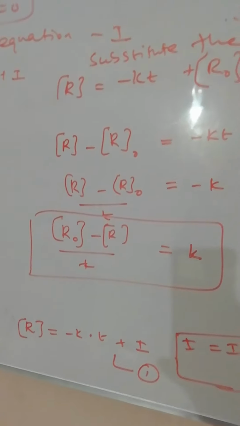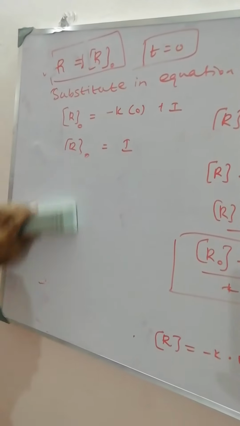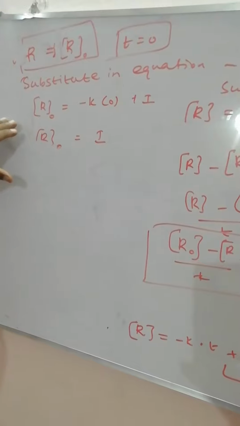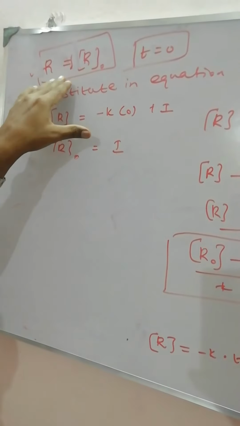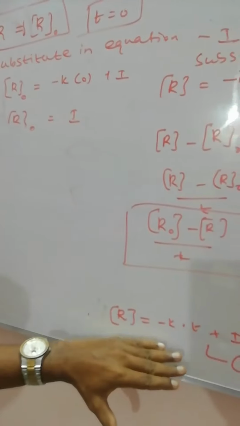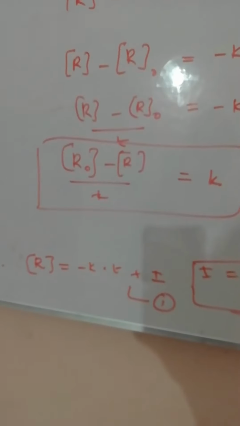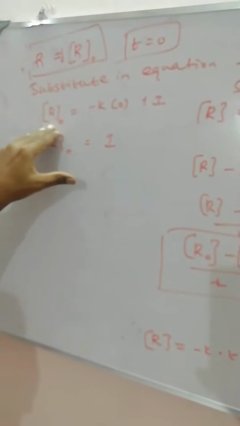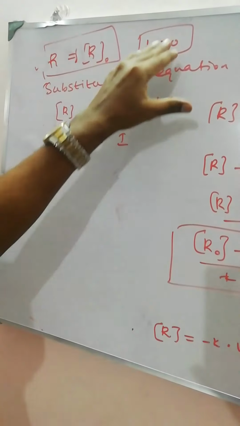So initially we have to do all the practice, substituting the values. We get R becomes the initial concentration R0 at time 0. Substitute in the first equation, R is equal to minus Kt plus I. In that equation, instead of R you put R0, minus K into 0 because t is equal to 0.